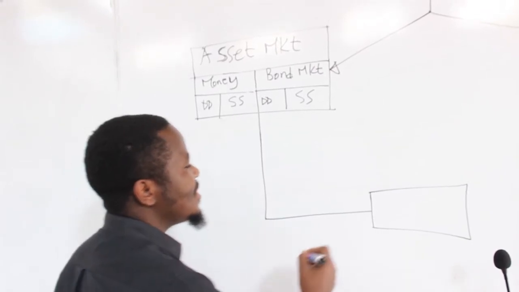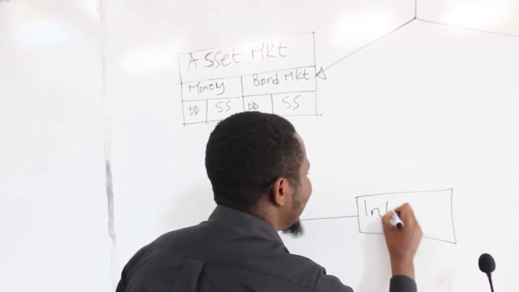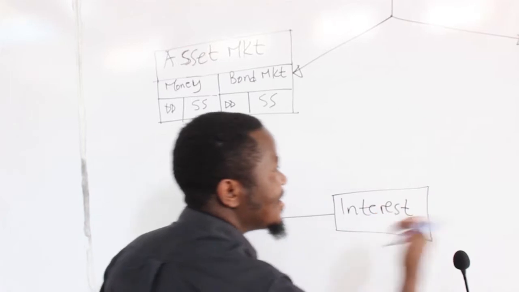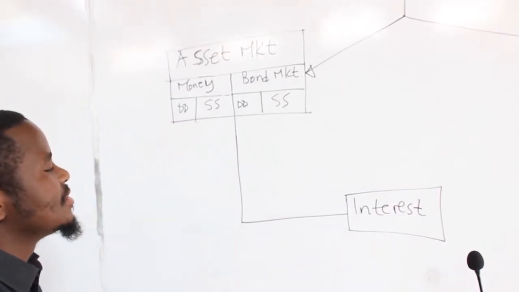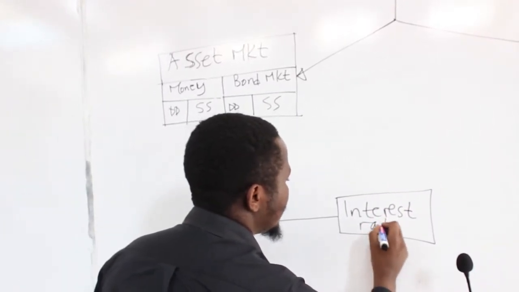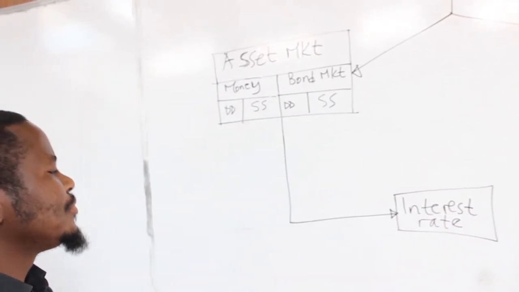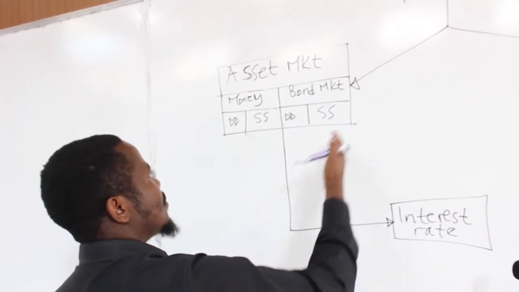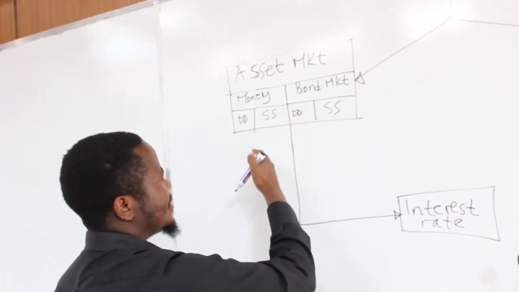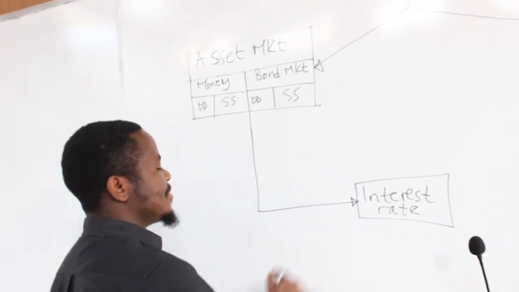So the cost of borrowing is the interest rates. The cost of borrowing the money is the interest rates. So I will denote the interest rate here. The increase in demand for money will result in an increase in the interest rate.